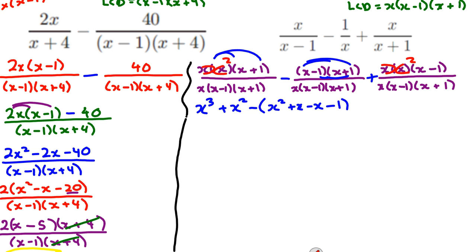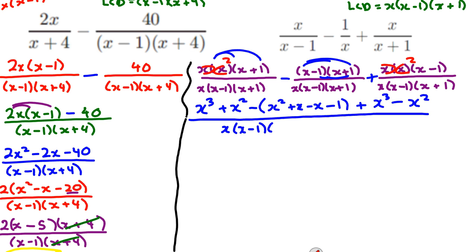And because it subtracts all of this bracket, that's why I've used the bracket. The next is plus, so it's not so hard. Plus x squared times x is x cubed. X squared times negative 1 is negative x squared. And that's all over our LCD. X brackets x minus 1, x plus 1.